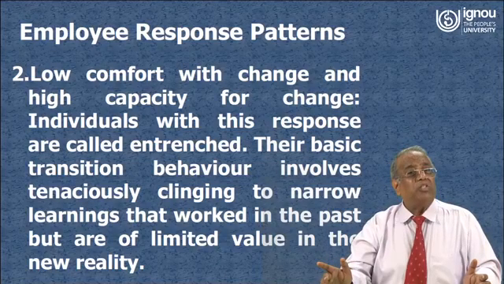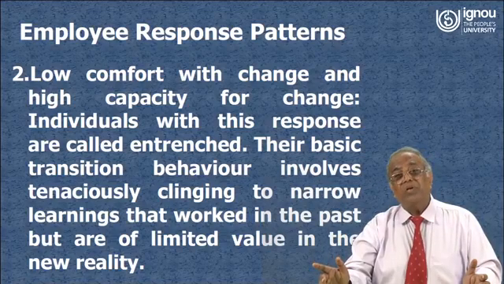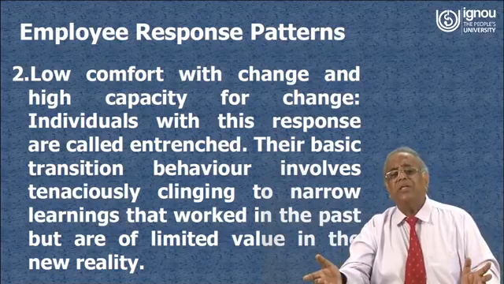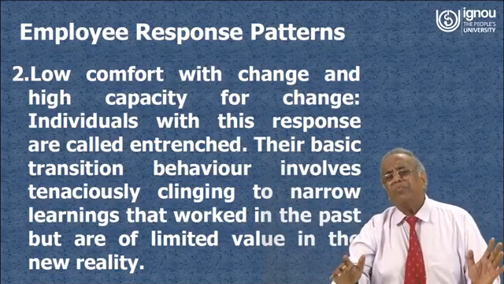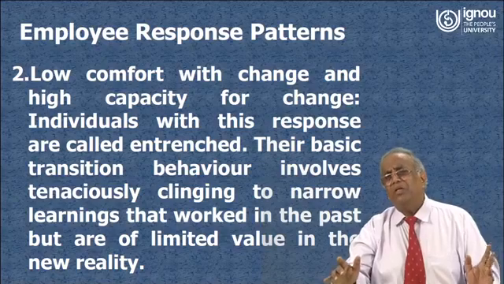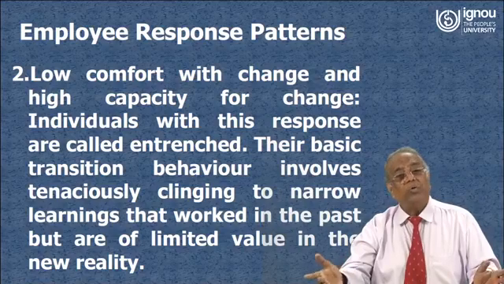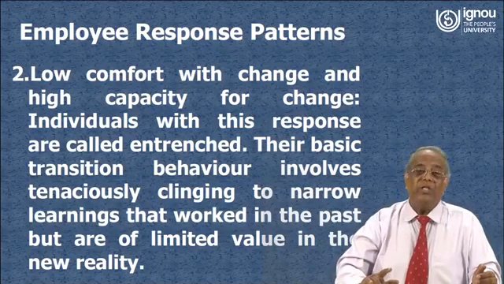Their basic transition behavior involves tenaciously clinging to narrow learning that worked in the past but is of limited value in the new reality. So in that case, since they are skilled persons, in the past they might have done well for a particular change, but in the present scenario there is a massive change, so it is not possible for them to take part in this changing process easily.